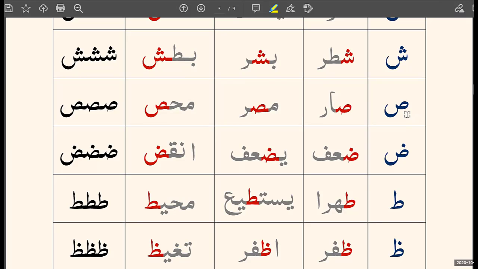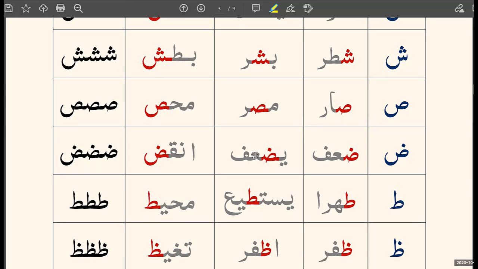That is another area we will cover in future lessons, inshallah. And the last column is just for exercise, to help you recognize how different forms come together.